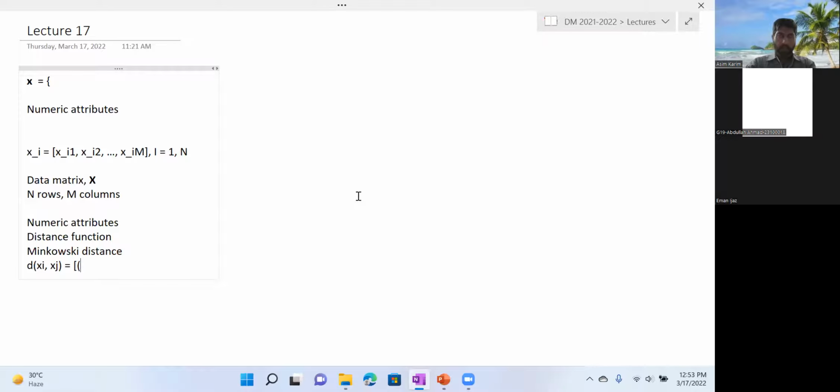the vector difference x_i minus x_j. This is a vector difference. A vector usually is a column, so I'm going to take a transpose to make it a row. Whenever we say a vector without any further qualification, we usually assume it to be a column. This is Minkowski.